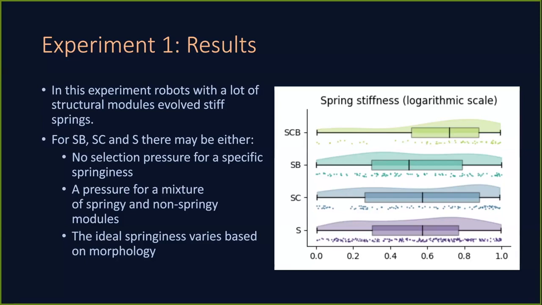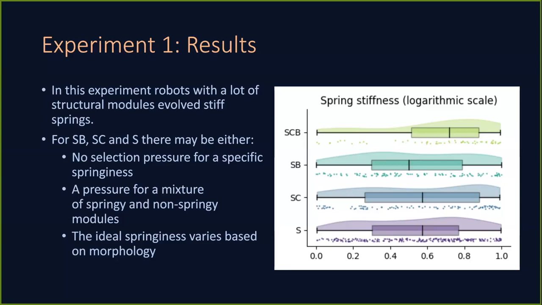So for the other 3, there is not so much we can read out of this. They seem to be using modules with various degrees of springiness. And there can be multiple reasons for this. Either that how springy the modules are doesn't matter, of course, could be one reason, but also the robots that are represented here are very different.